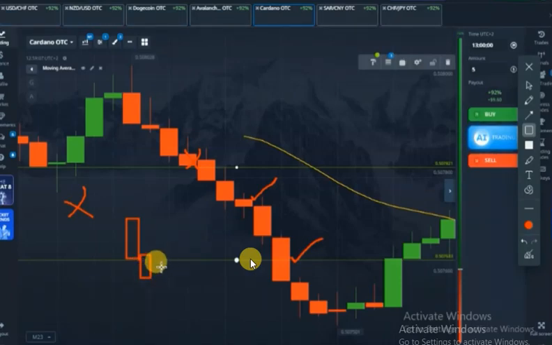If we have a candle starting from below, going all the way up to this level, we're expecting the next candle to be a red candle, right? And then this candle opens from below here.